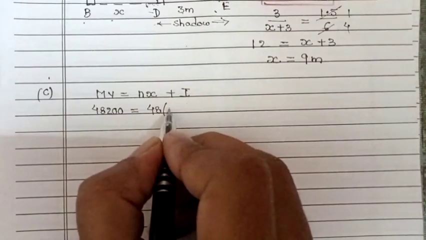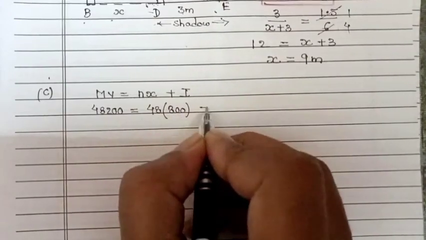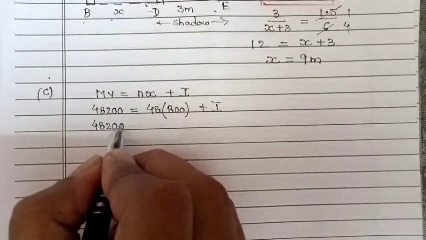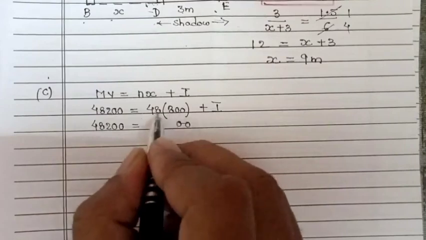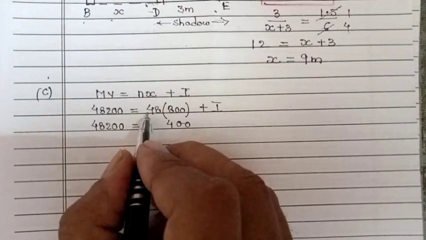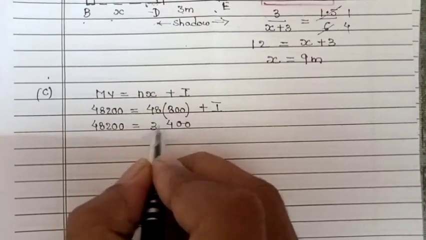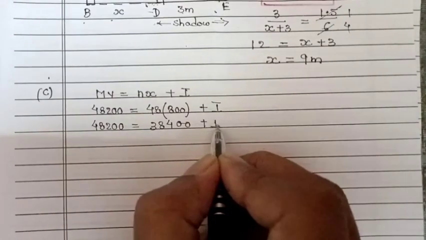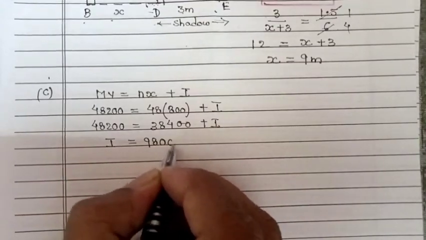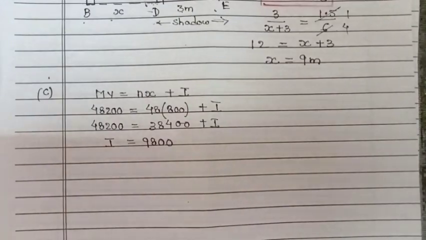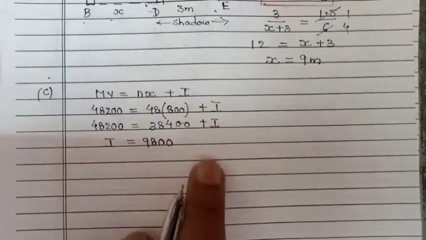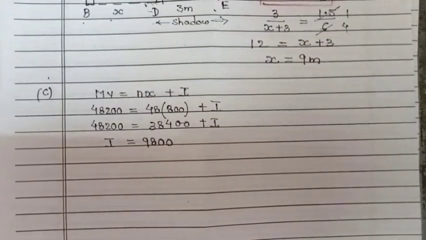X means monthly deposit, that is 800, plus interest. 8 4s are 32. So we will be getting interest as 9800. So we have got the second part here, the total interest earned is 9800.